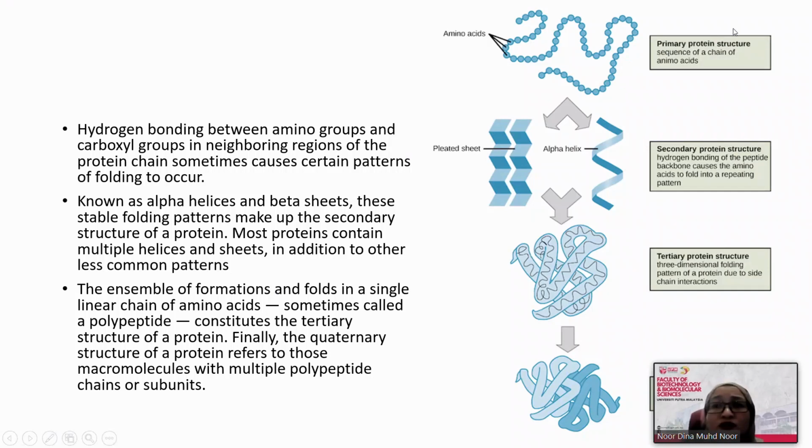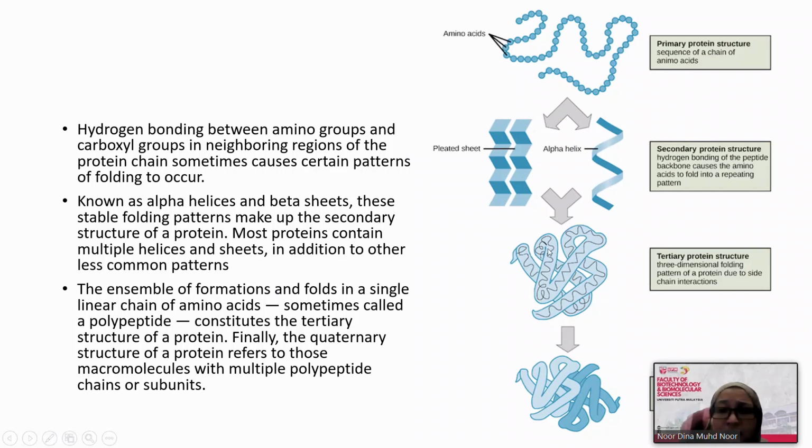So it's a chain of amino acids. Then if the primary protein structure makes interactions, perhaps with other amino acids or with the environment around it, it can become an alpha helix and also a beta sheet, so they can have different configurations.